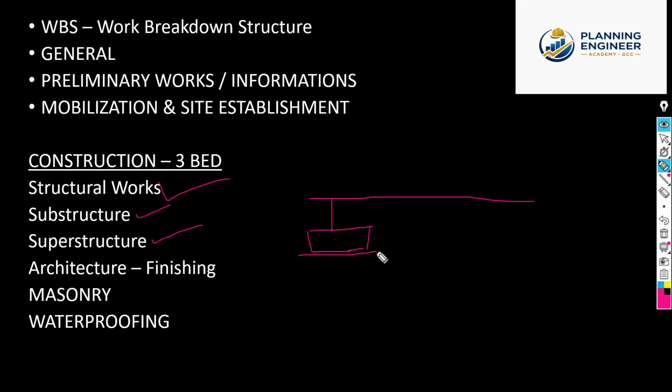Inside the footing, PCC will come, that is lean concrete, and below the PCC we lay the polythene sheet, and below the polythene sheet we do the anti-termite works. Okay, so this is the substructure.